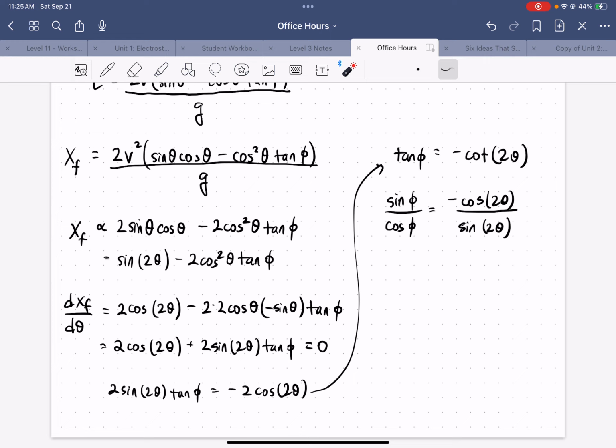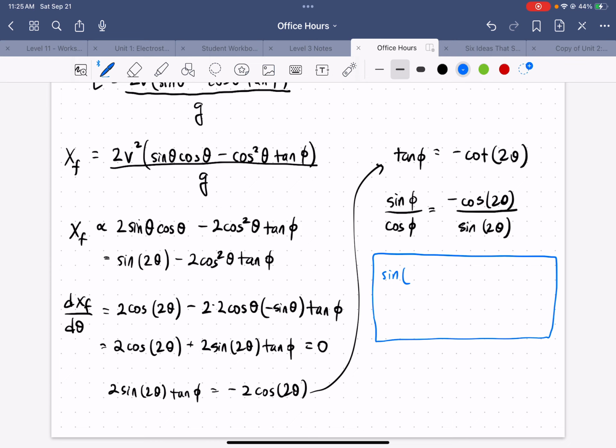So just to review some lesser known trig identities here, if we have the sine of some angle plus 90 degrees, by using the summation formula for sine, this turns out to be sine of theta times cosine of 90, which is 0, plus cosine theta sine of 90, which is 1.